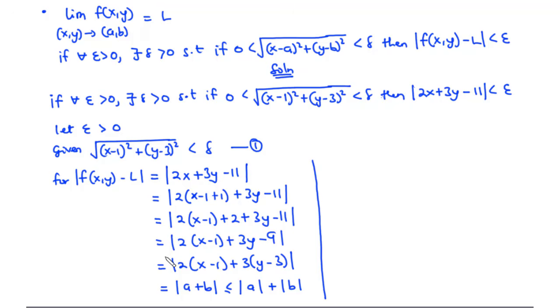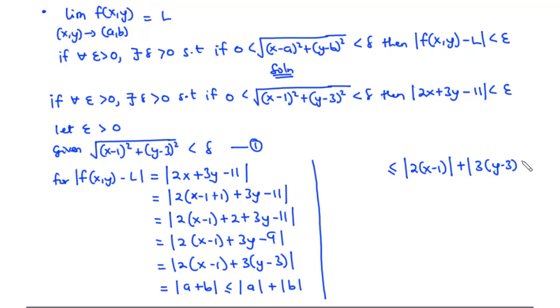So this whole thing should also be less than or equal to the absolute value of 2 into brackets x minus 1 plus the absolute value of 3 into brackets y minus 3.